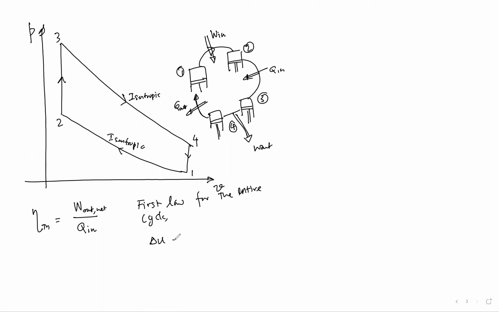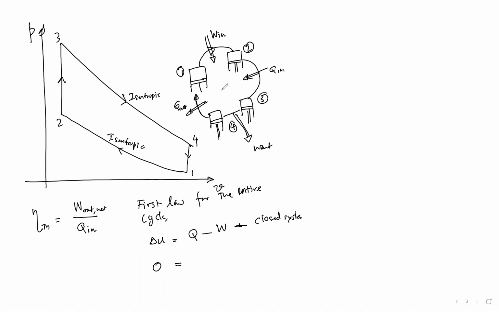delta U equals Q minus W. So delta U is the final internal energy minus the initial internal energy. Final internal energy is U1. Initial internal energy is also U1 because it's on a cycle. Why did we write this equation? Because we analyze a closed system.